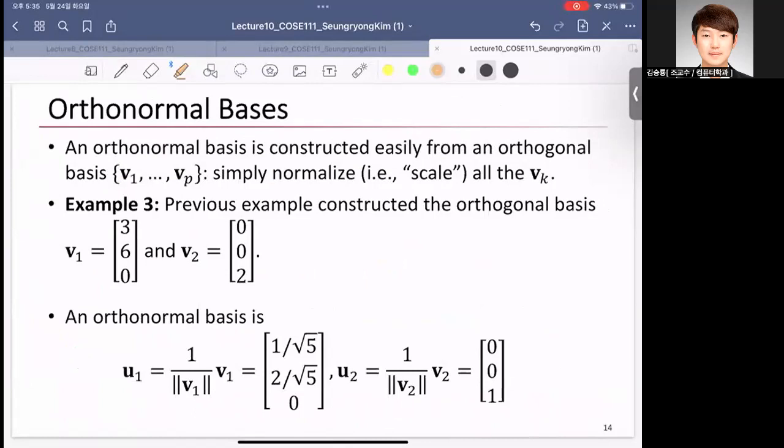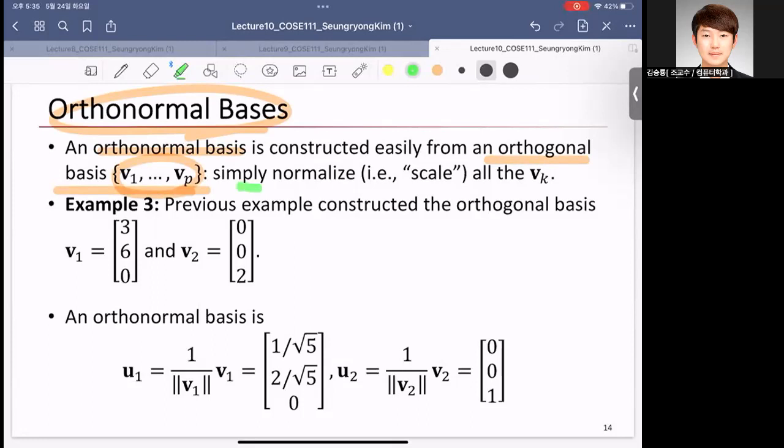One more thing is that by using the Gram-Schmidt process, we can find an orthogonal basis. But in some applications, we may need an orthonormal basis. An orthonormal basis can be easily constructed from an orthogonal basis by the Gram-Schmidt process. How?